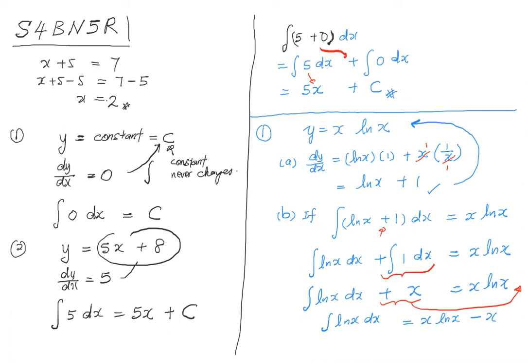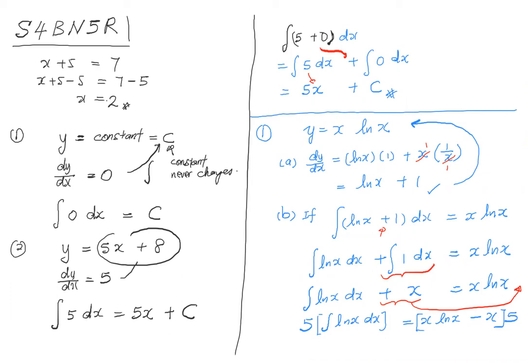Okay, so now I have the left-hand side and the right-hand side, right? What does the question want me to do? The question wants 5 times of this, am I right? So both sides I times 5.